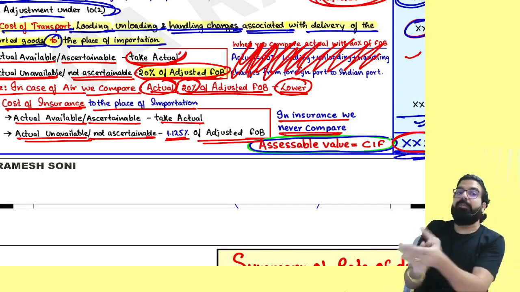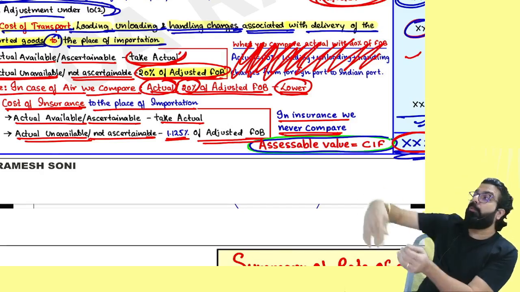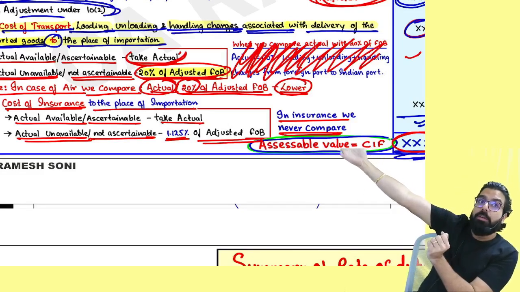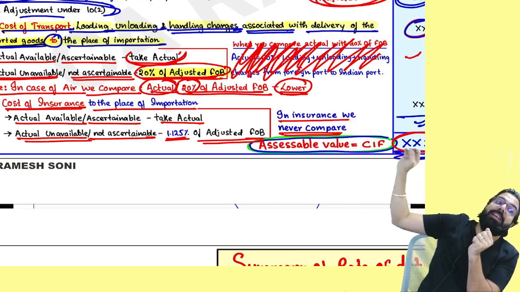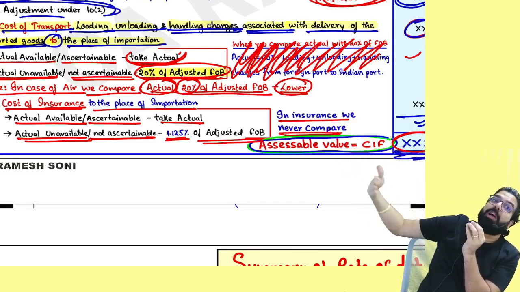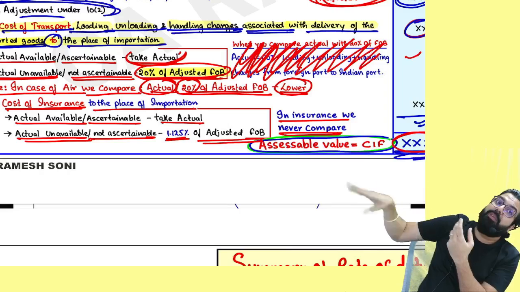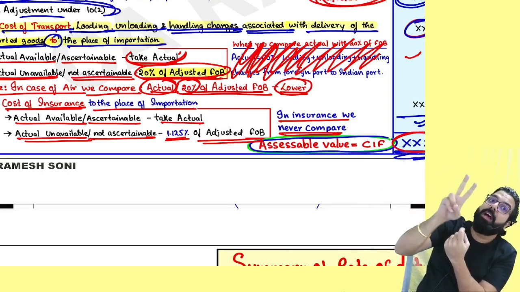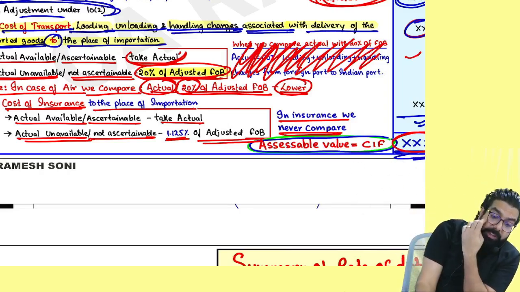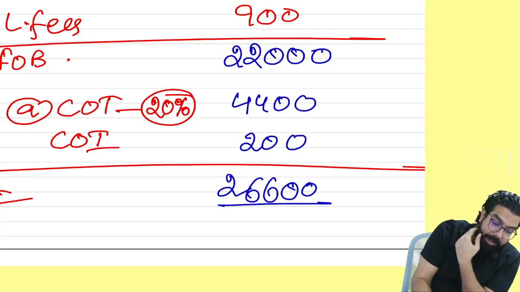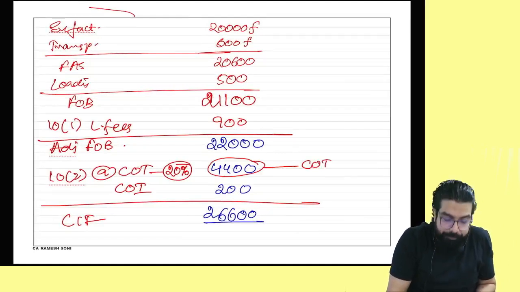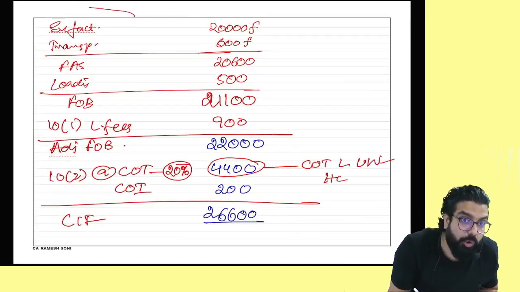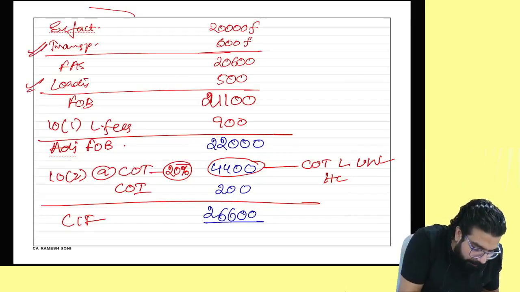It means if you take 20%, it means from US till India, any loading in the US, any handling in the US, any on the way loading, unloading, everything is deemed to be included in the 20%. So tell me one thing, when this 20% is already deemed to be cost of transportation, loading, unloading, handling charges, why do you include it again?